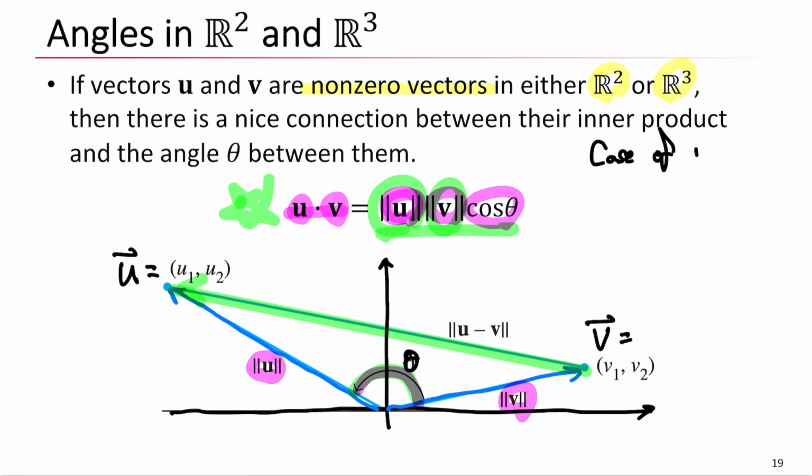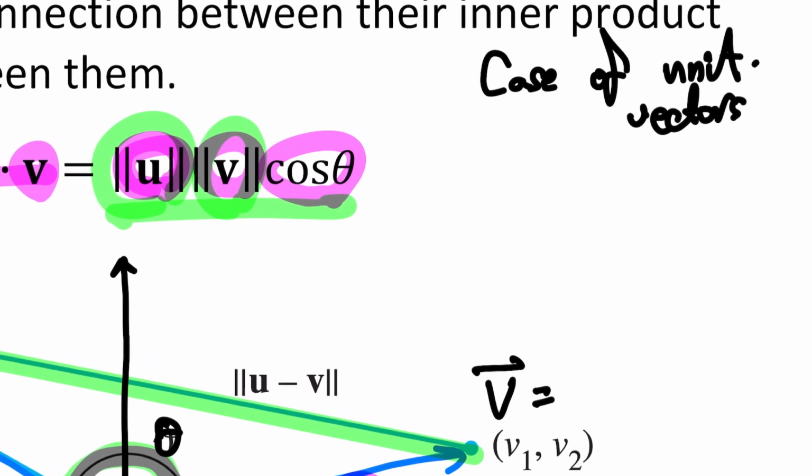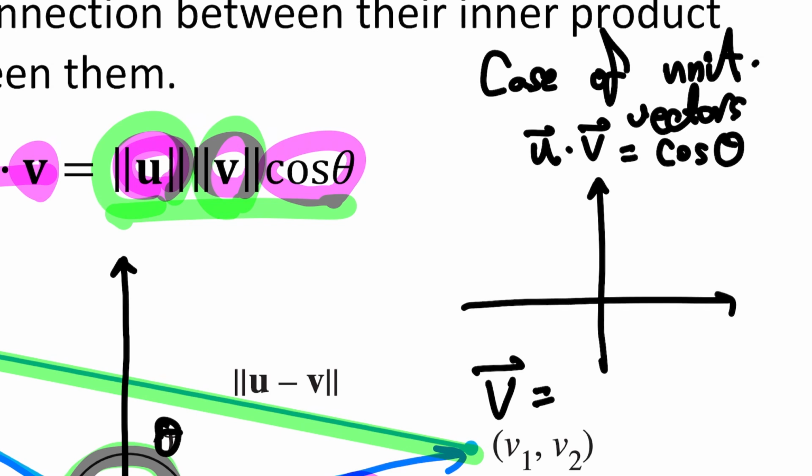So in the case of unit vectors, if u and v are unit vectors, then vector u dot v is equal to cosine theta. So what does it mean?